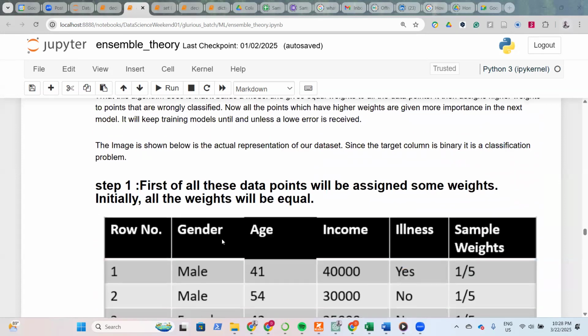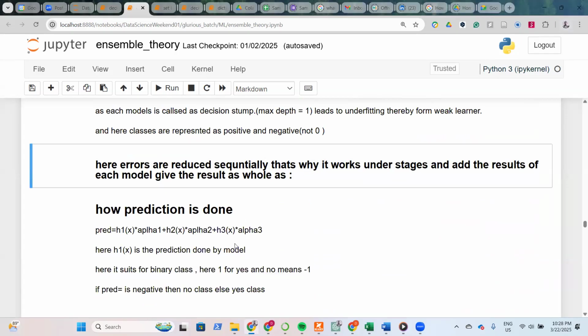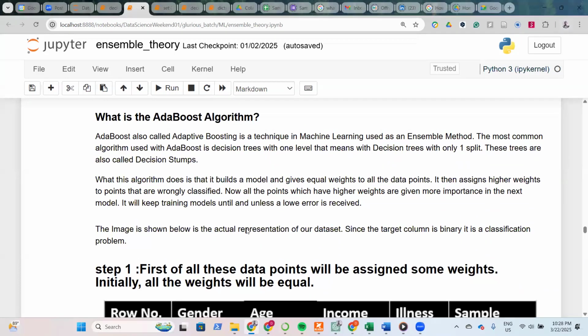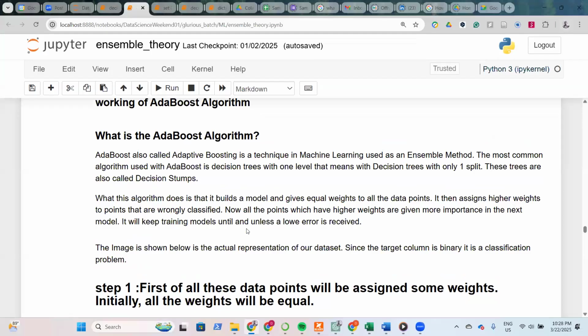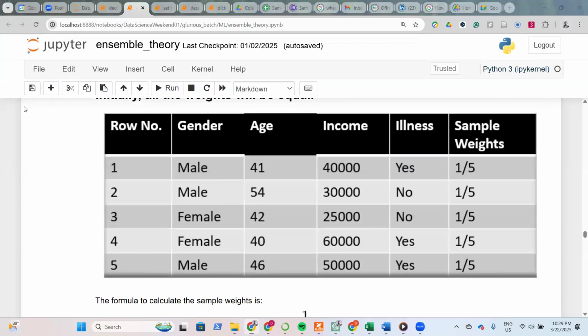Let's leave how prediction is done first, and then we focus on how the algorithm works. Let's assume that we have a data set like this. Please pay close attention.